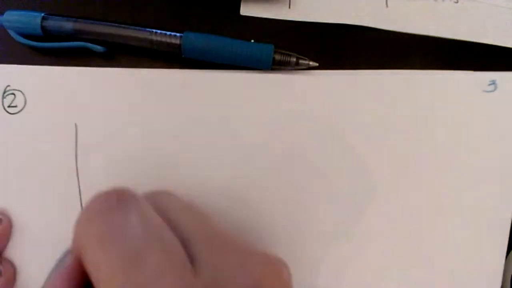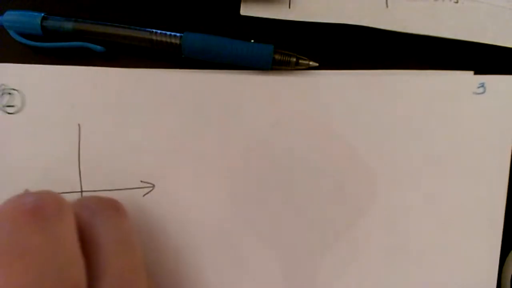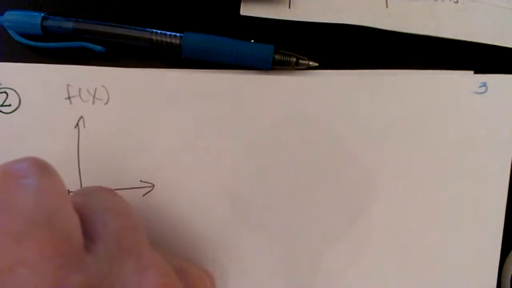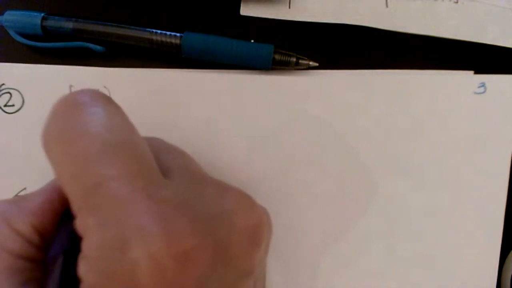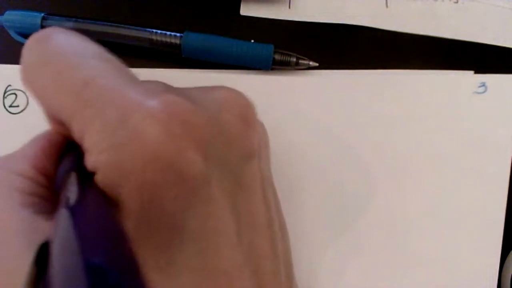So we have f of x, here's our function, and this is negative 1 comma 0. That's what this point is. This one is 0 comma 1. And this one is 2, 3, and 4, 1, 4.